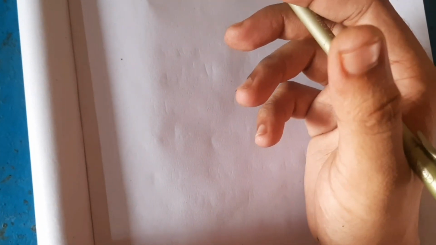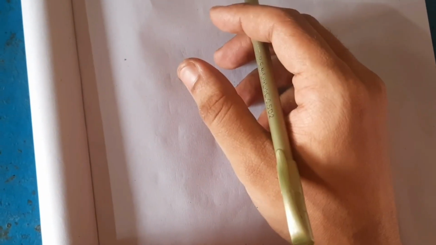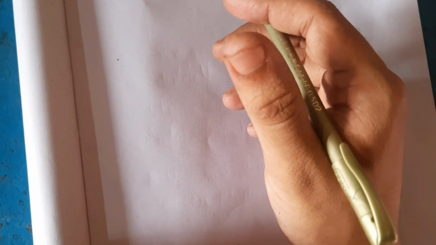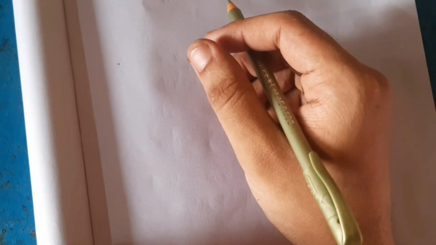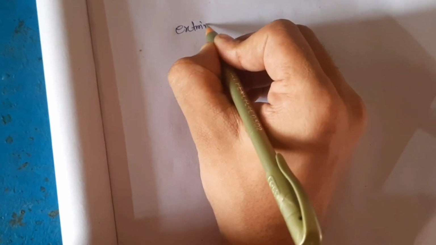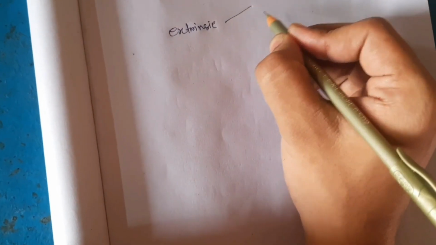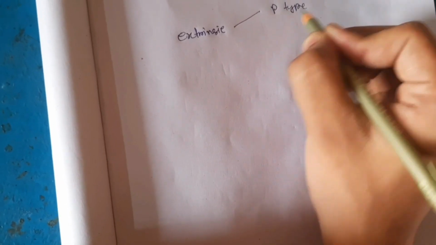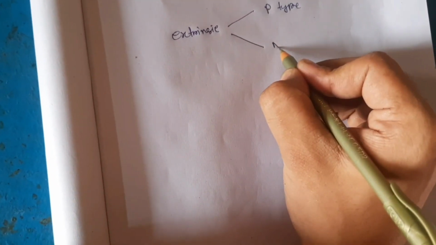So today I will discuss the static characteristics of NPN BJT, or bipolar junction transistor. So we know there are two types of extrinsic semiconductor. The first type is P type and the second one is N type.